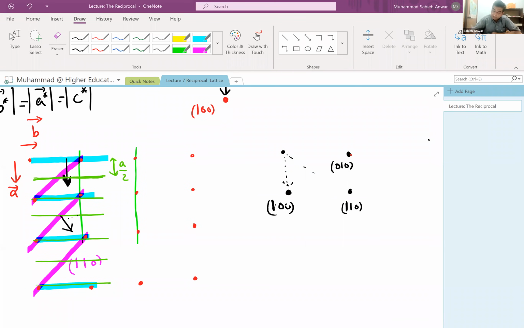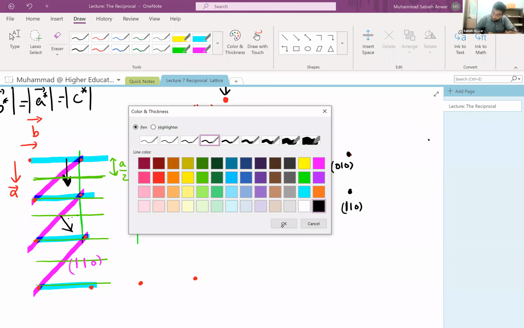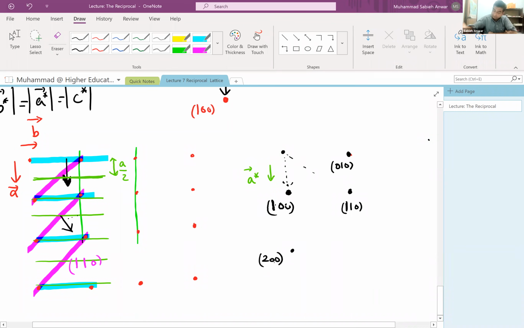Now the vector happens to be in the same direction as the a star vector, but it's double the length because now the interplanar spacing is halved. So corresponding to this family of planes, I now have a point at 2 0 0, because the length of the vector starting from the origin 0 0 0 has now doubled. So likewise, I can compose this entire lattice, which I'm showing in black points, in either direction.